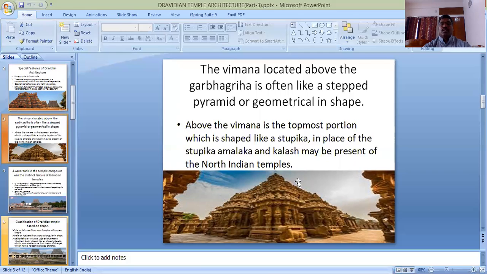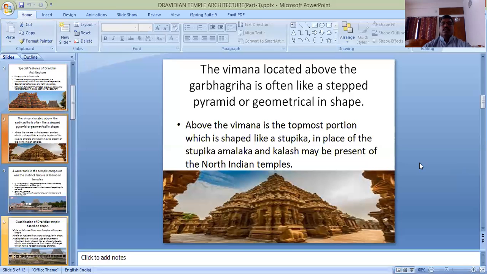Above the Vimana is the topmost portion, which is shaped like a stupika. In place of the stupika, the Amalaka and the Kalasa may be present in the North Indian temples.